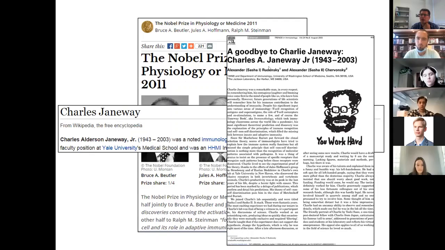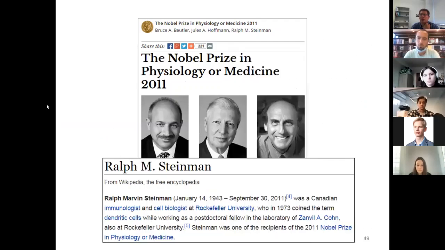And Alexander Rudensky has been one of the discoverers of FOXP3 and regulatory T cells. The other interesting aspect of this prize is that it is perhaps one of the only prizes of its kind. As you know, the Nobel Prize is never given posthumously, meaning it is only given to living people.